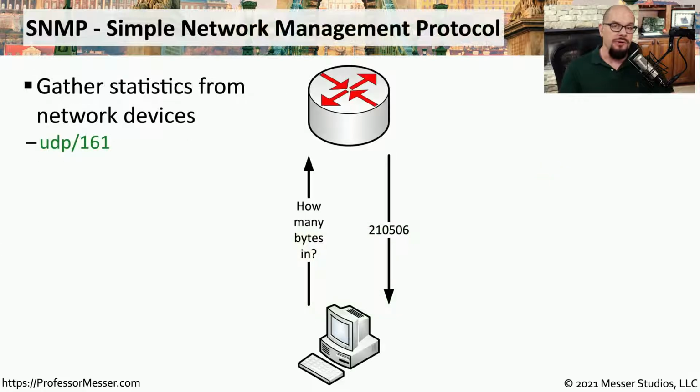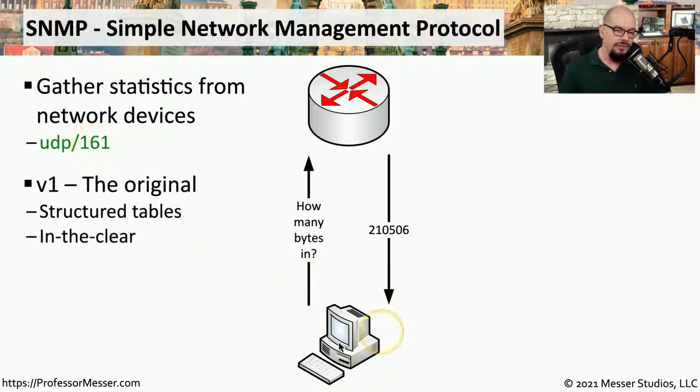Network administrators are often responsible for managing switches, routers, firewalls, servers, and other devices on the network. And to be able to check in and gather statistics from those devices, we can use a specialized protocol called SNMP. This is the Simple Network Management Protocol, and it commonly gathers those statistics using UDP over port 161.